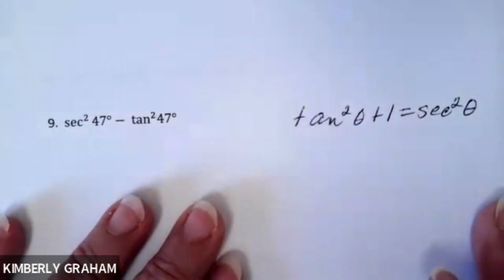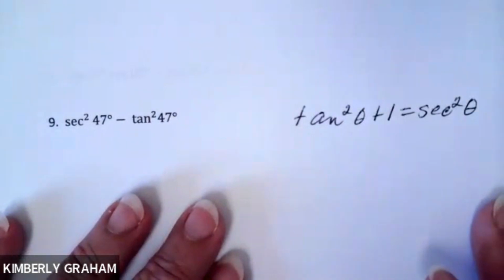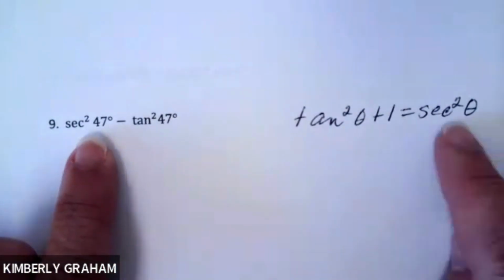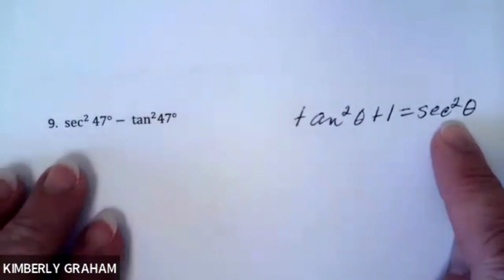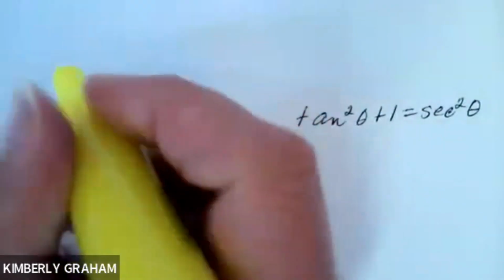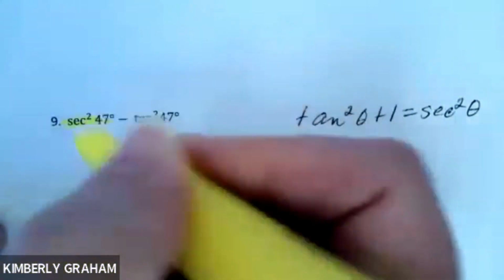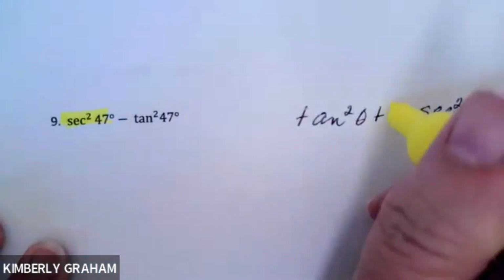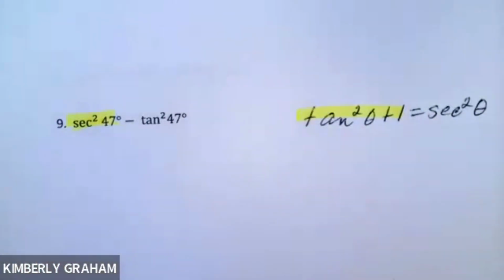And there's more than one way to do this problem. I could take secant squared and substitute in this whole thing, right? In place of this, I am going to substitute in this.